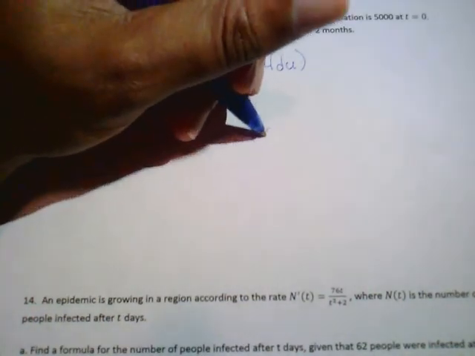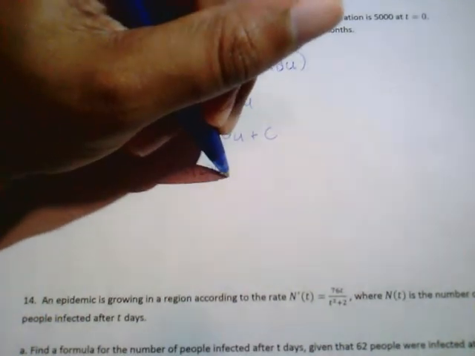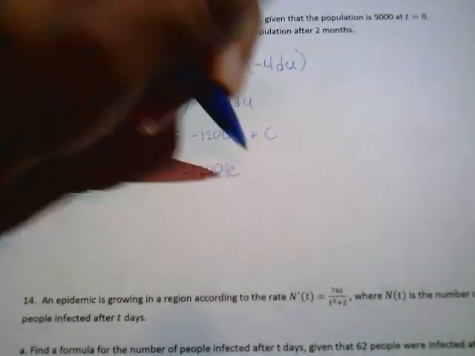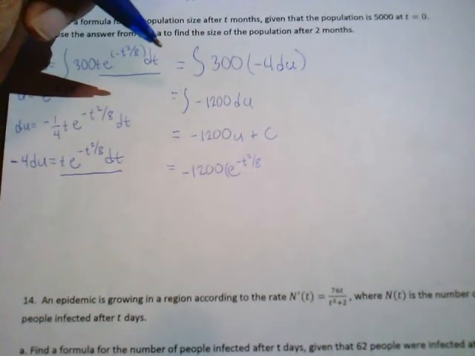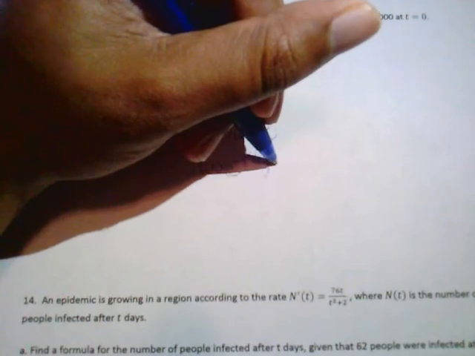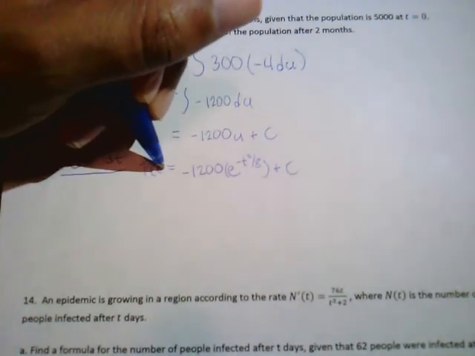So this will be negative 1200 e to the negative t squared over 8 plus c, and that is our population function.